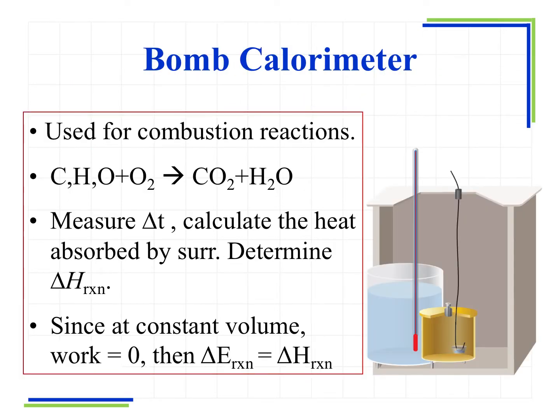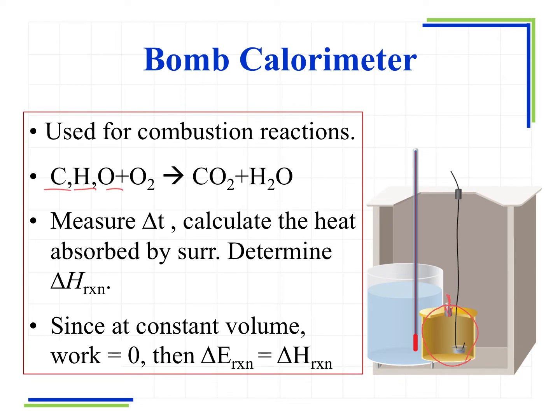So what happens in bomb calorimeter? This is the schematic view of bomb calorimeter. Bomb calorimeter is a constant volume calorimeter. The reaction or compound we are trying to find the Q of is in a closed container. The bomb calorimeter is usually used for compounds containing carbon, hydrogen, and oxygen.